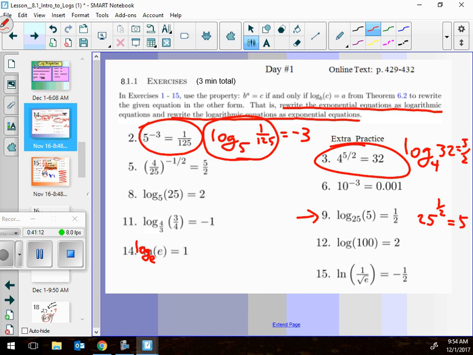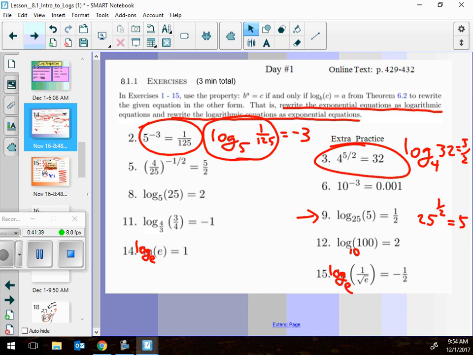So whenever you see a log that doesn't have a base, the problem's going to become all about the base. And the ln's, they have a base that's missing too. There's no base, but I know that's log base E. Make sure whenever you hit an ln, you change it to log base E. And I'm telling you, usually the problem ends up being all about the base.